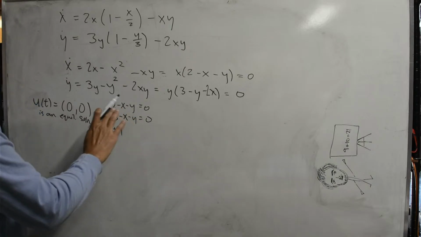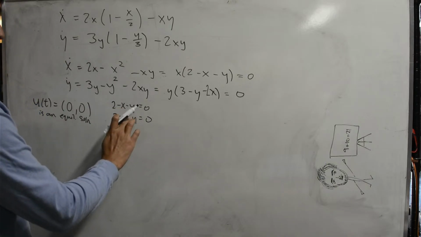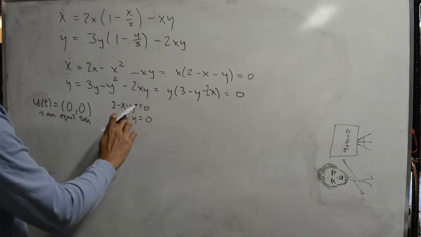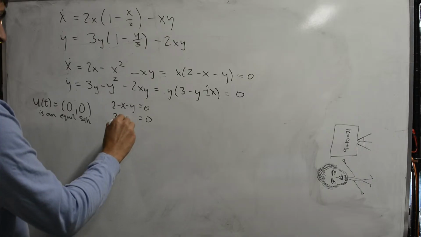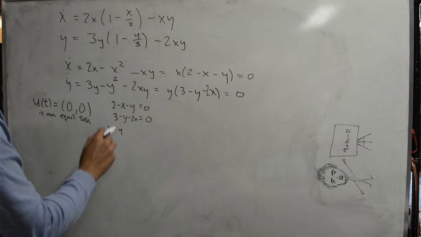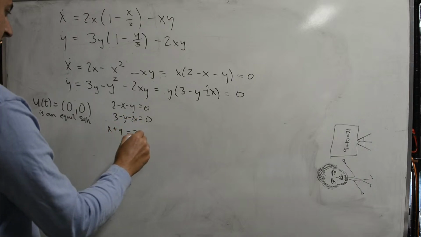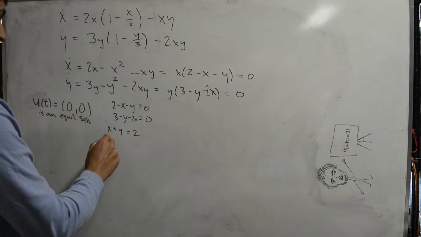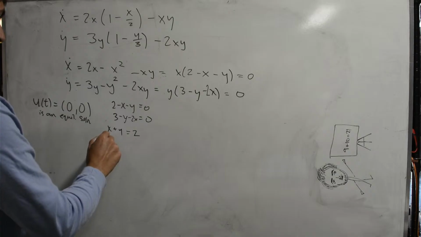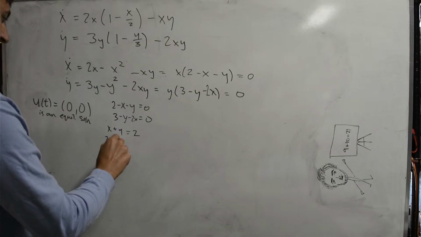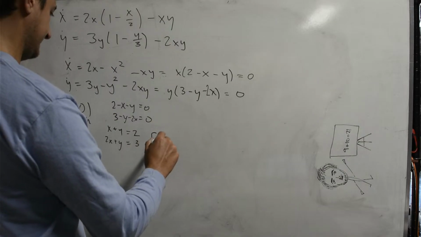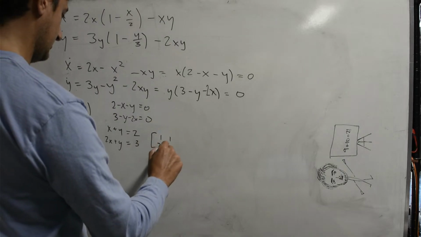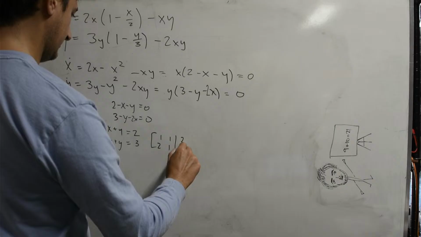So it's going to be 2 minus x minus y, and this is going to be 3 minus y minus 2x. So we get x plus y equals 2 and 2x plus y equals 3. This is the system 1, 1, 2, 1, 2, 3.